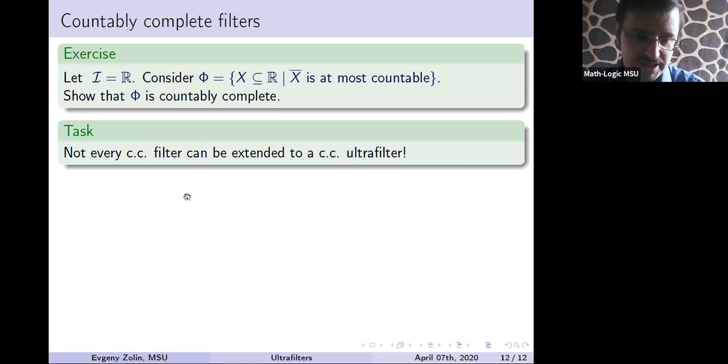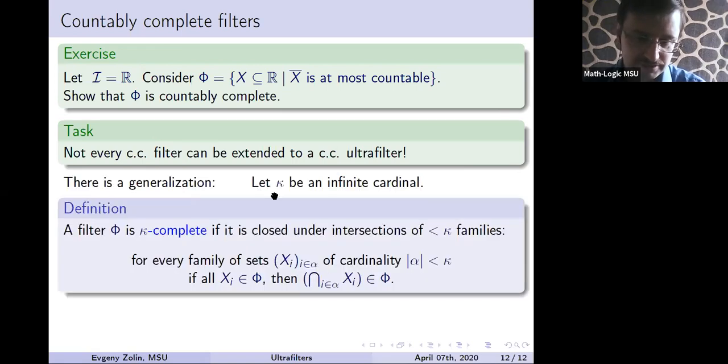And of course, we can generalize further. Instead of countably, we can take any infinite cardinal. And we say that the filter is kappa complete if it is closed under intersection of fewer than kappa sets.